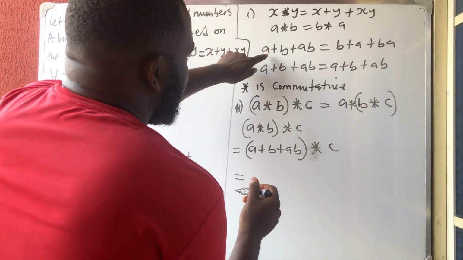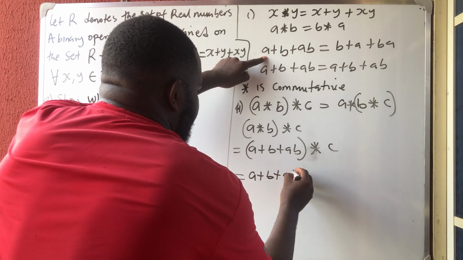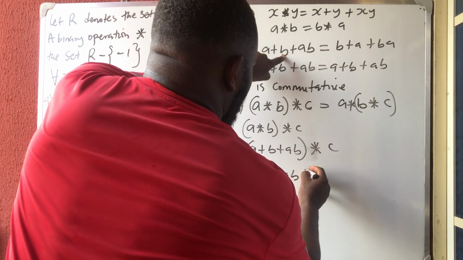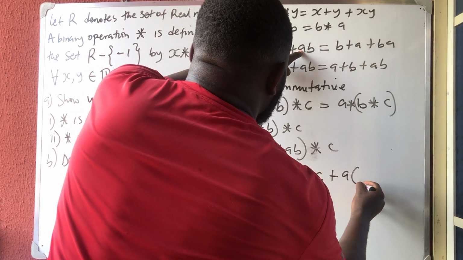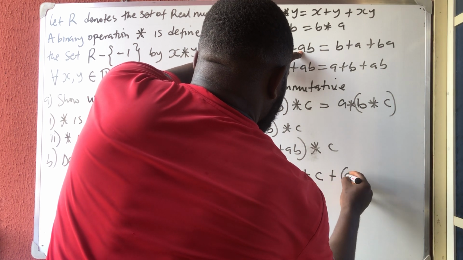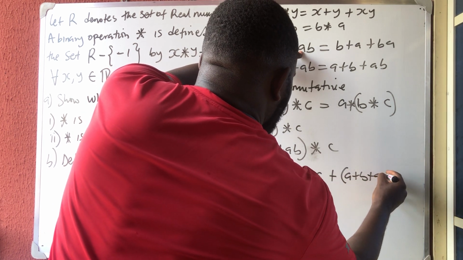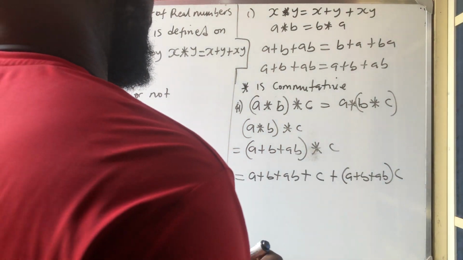So I'm seeing a here, so I'm putting everything here: a plus b plus ab. Then c, plus this one again, a plus b plus ab into c. Okay, so this is the answer I got.